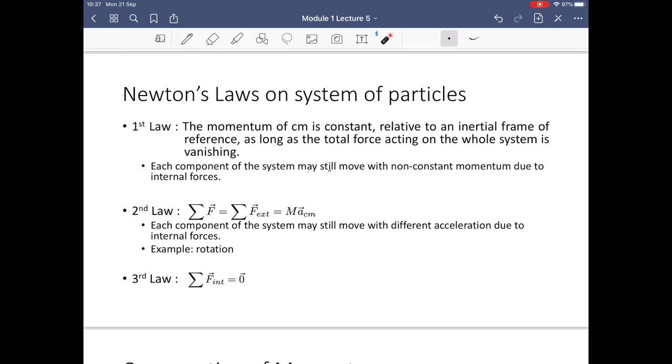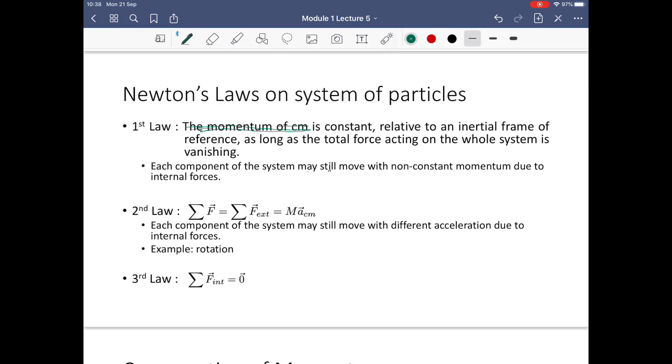So what this means is when your system is composed of many particles, the total force acting on the system is the force that is acting on every particle in the system. Now, when the force acts on every particle in the system, each particle may have different acceleration, but if the total force is zero, the total momentum, well, actually I should not say the momentum of the CM here, sorry about that.